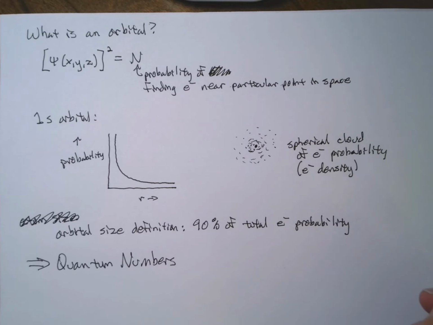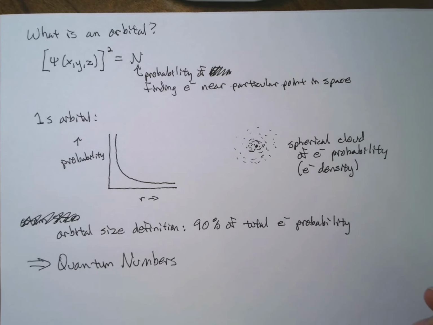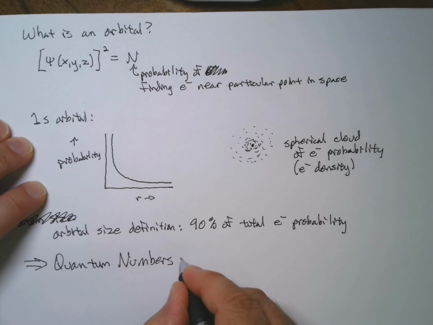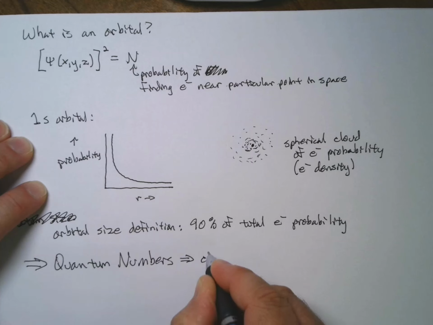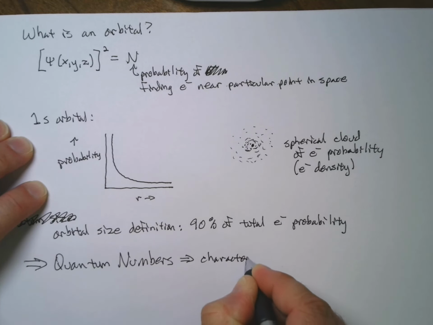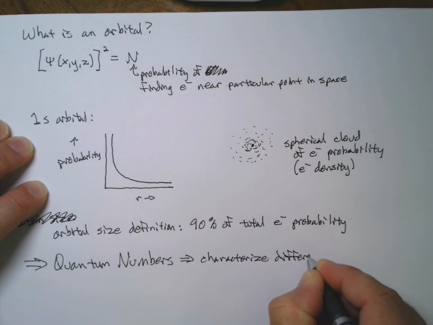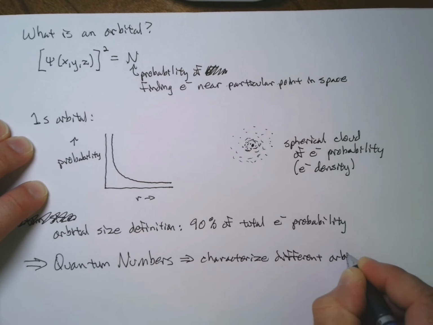So there's a bunch of math involved, but the quantum numbers are integers that describe the math. So we pull out all the mathy math, and we're left with a bunch of whole numbers, with the exception of the electron spin quantum number, but we'll get to that later. Okay, so quantum numbers characterize different orbitals.